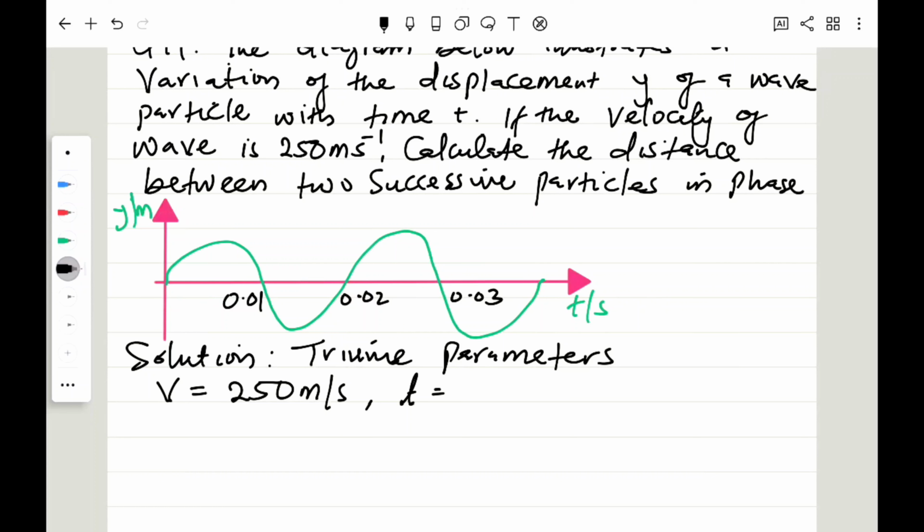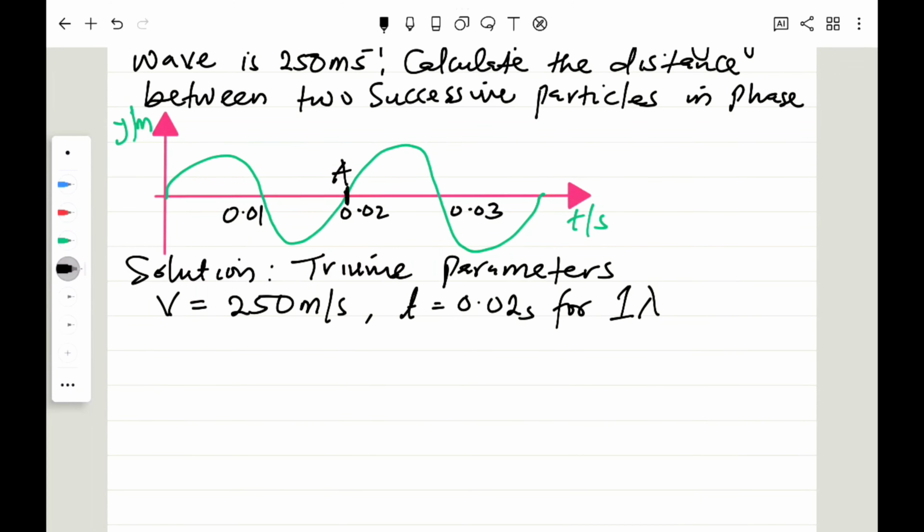So our T for one cycle is equal to 0.02 seconds. Are you getting it? For only one complete oscillation, for one wavelength. Take note of our A, from the point of origin to our A place.